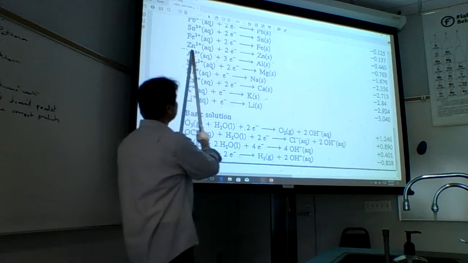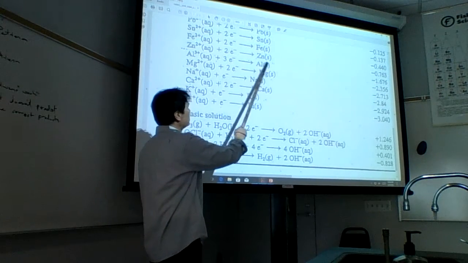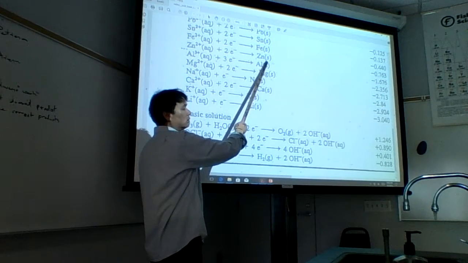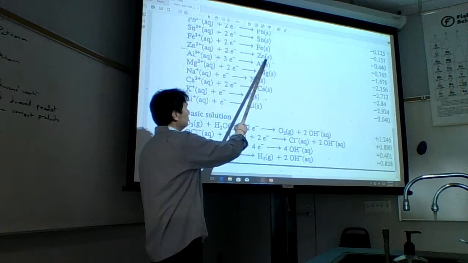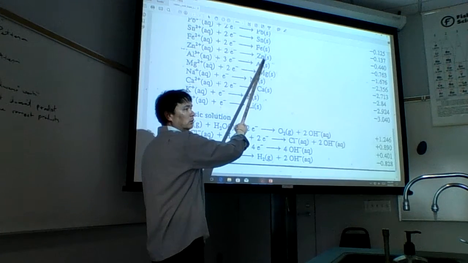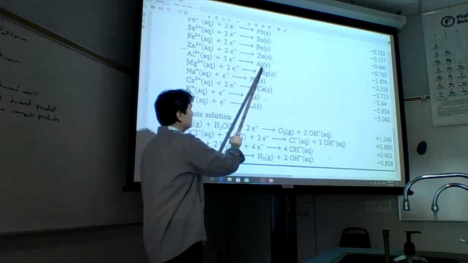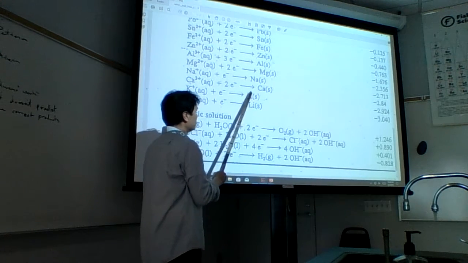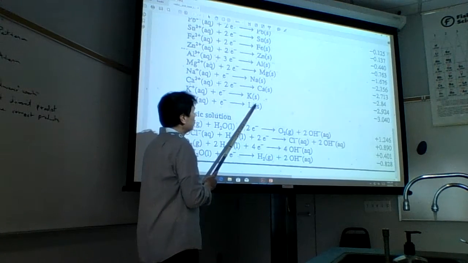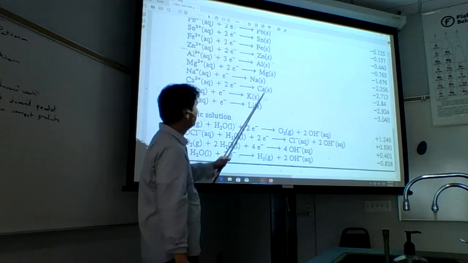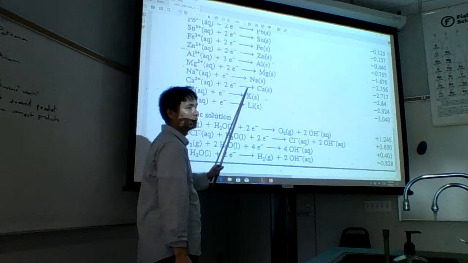So what's a reducer more powerful than hydrogen and hydroxide? Zinc? No. Anything below it. So aluminum, magnesium, sodium, calcium, potassium, lithium. And so water is capable of reacting with all these here.